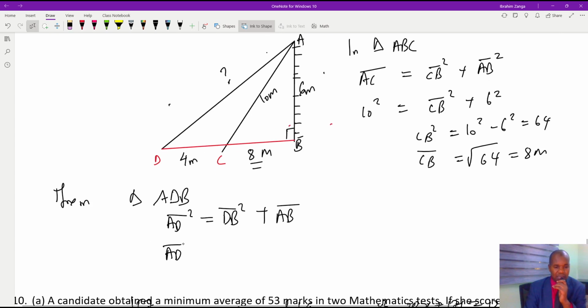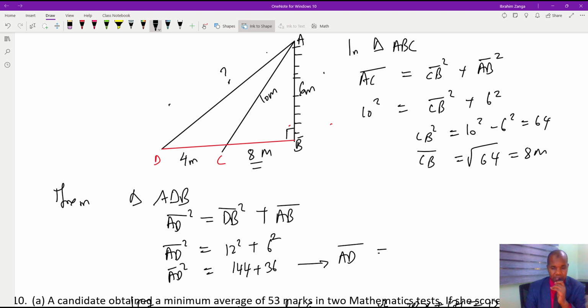So AD square will be DB, which is 12 square, plus AB, which is 6 square. AD square will be 144 plus 36. When you combine them, AD square is 180. And so AD will be square root of 180.